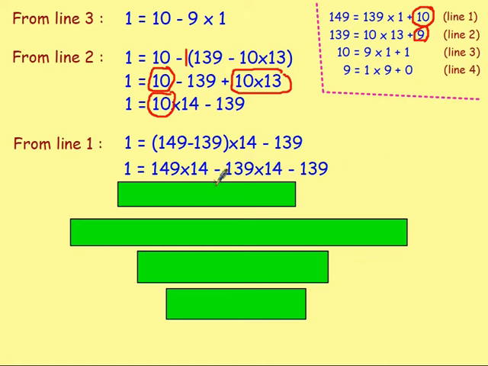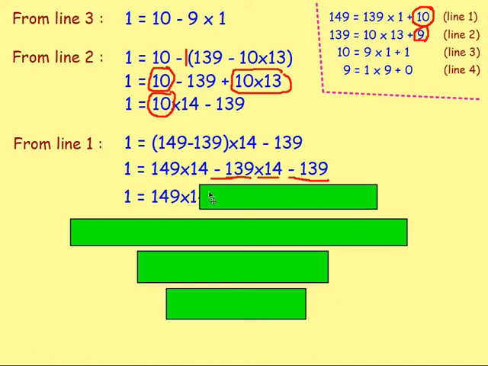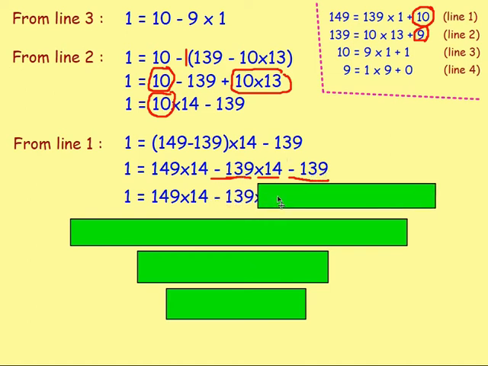Well, if we look here, we've got 139 and we've got 14 of them, but then we're taking away 139. So we're already taking away 14 139s, and we're taking away another one. So with 149 times 14, that stays as it is. But we're taking away 14 lots of 139. We're taking another one away. So really it's taking away 15 lots of that 139.